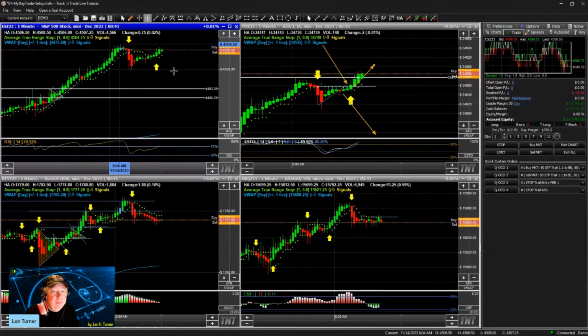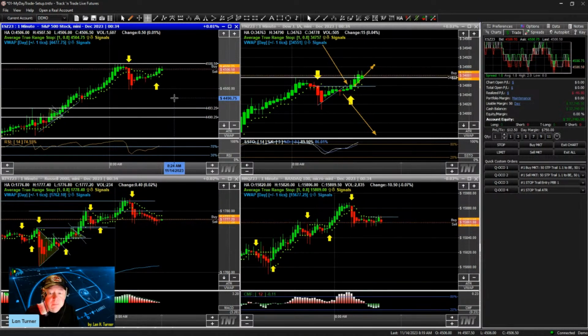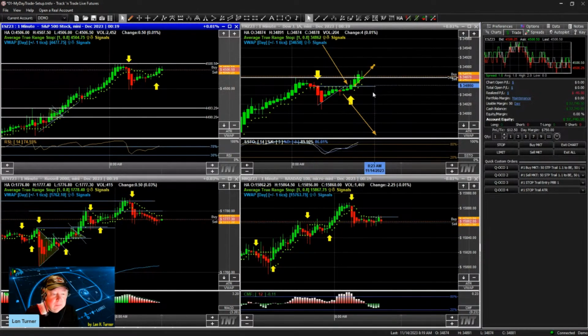We got the S&P up here testing this previous high. It closed above, but it doesn't want to hold up there. That Dow, I want to see it stay up there and rally some more.